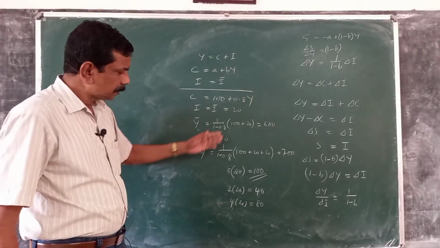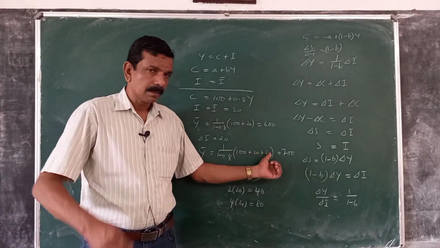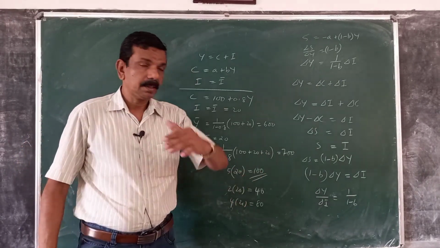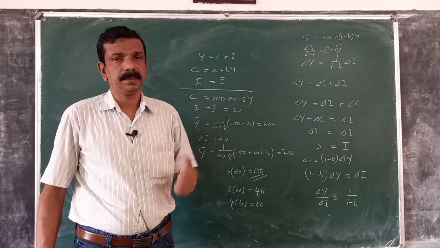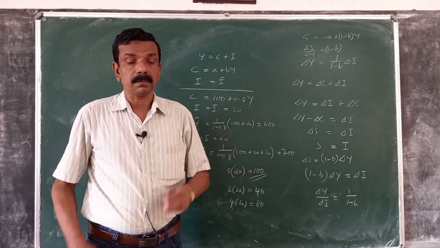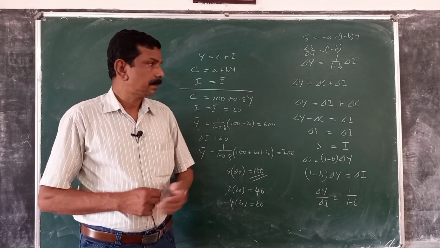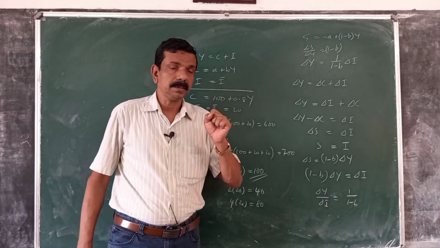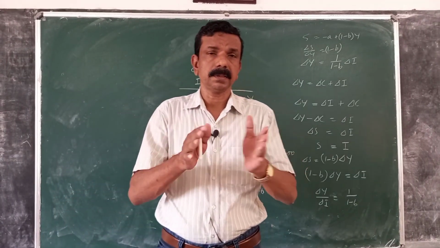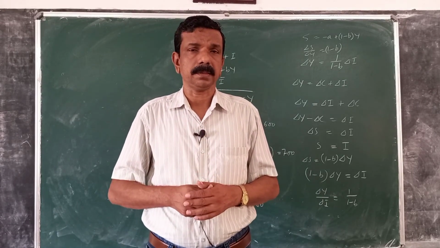So, the destabilizing effect of changes in investments on income depends on the value of MPC. So, MPC plays a very crucial role in Keynesian economic analysis, and calculation of MPC is very important for policy analysis, decision making, etc., in macroeconomic analysis.